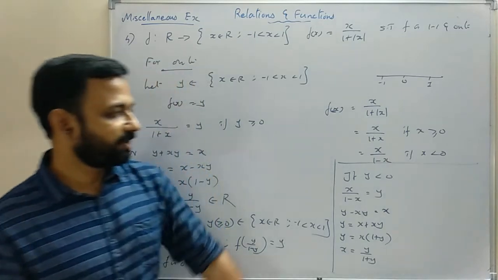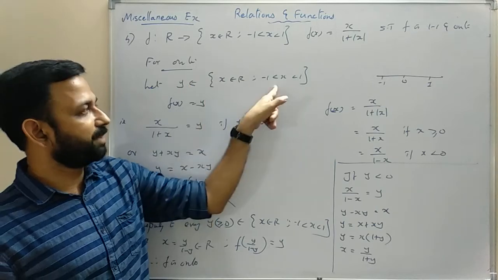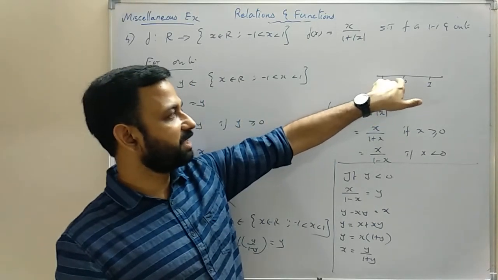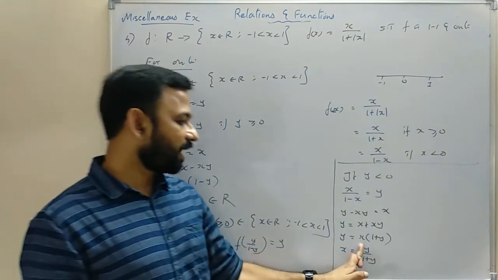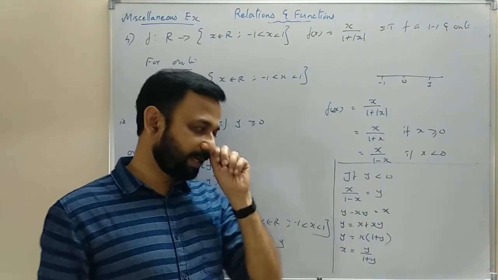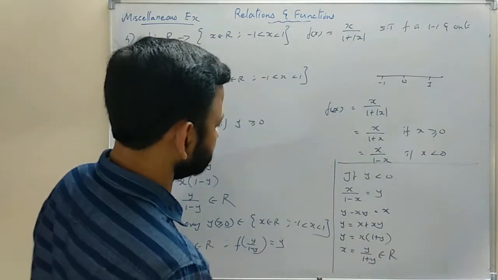Then when we take y belongs to codomain, that means if y is negative, in between 0 and minus 1, then y upon 1 plus y belongs to domain. Domain is set of real numbers.